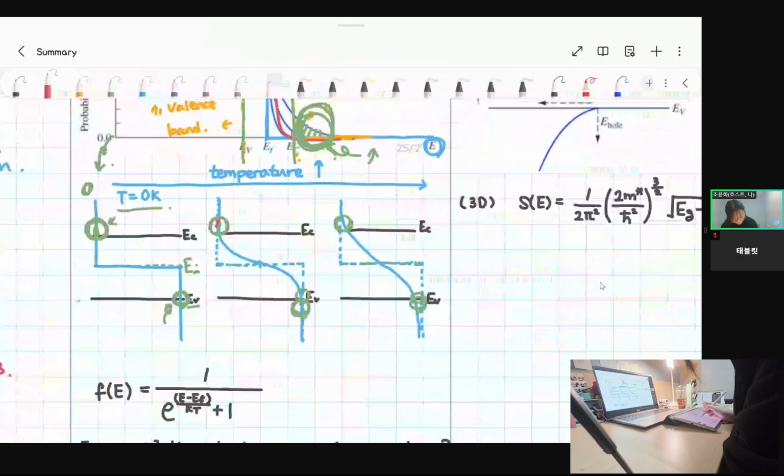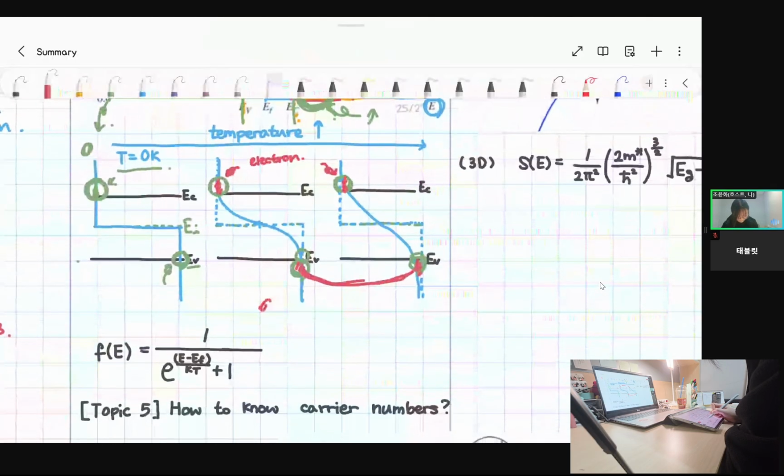So there is a little bit of probability that an electron can exist in the conduction band, and from the valence band edge, the percentage of electrons is decreased a little bit.